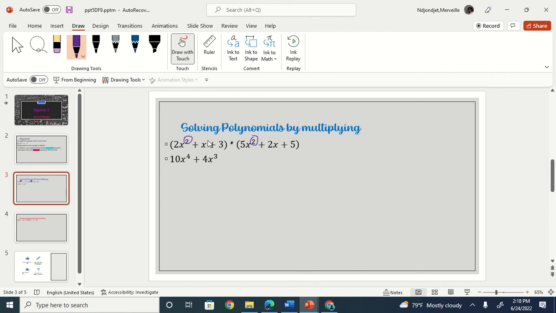And when you see nothing, it's actually to the power 1, whether it's on a variable or just on the number. It doesn't even matter, just know that if you don't see any power, it's to the power 1.